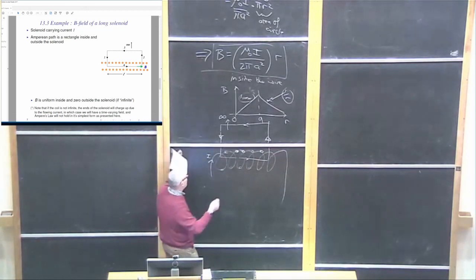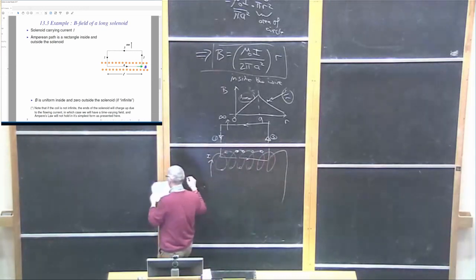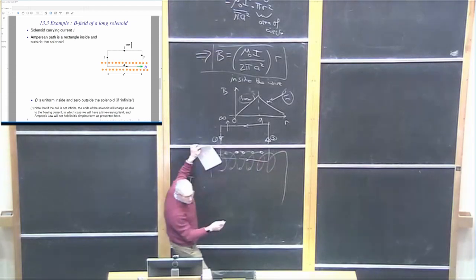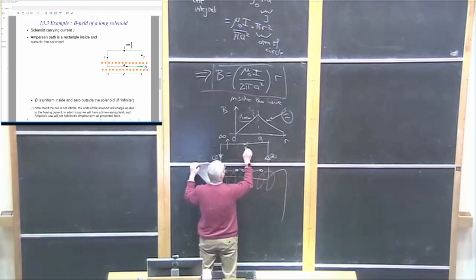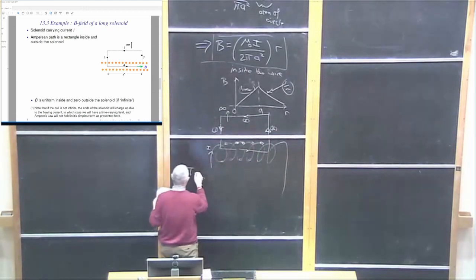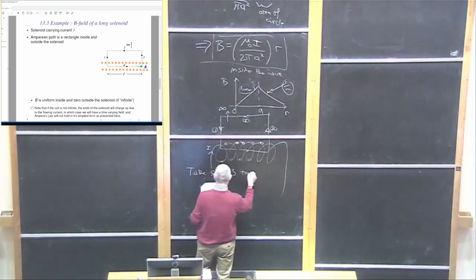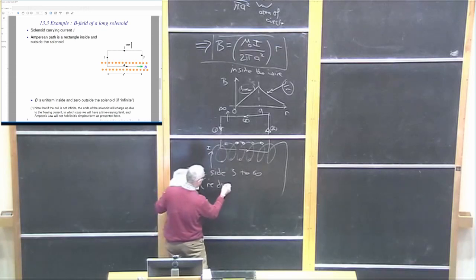So this is side 1 and that's side 3. Sorry, that's 2. What did I do? 1, 2. That's side 2. That's side 3. So you take side 3 to infinity, i.e. does not contribute.